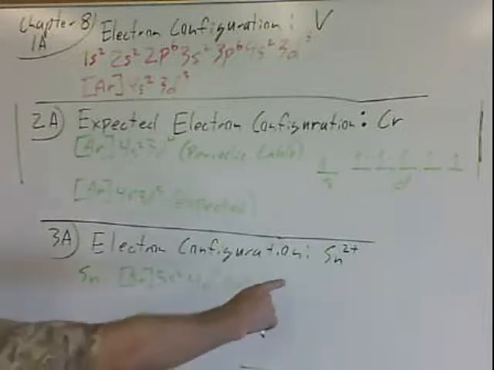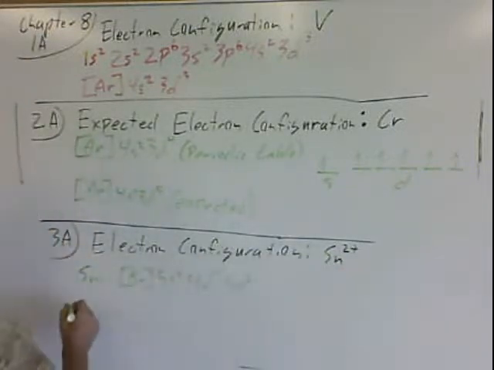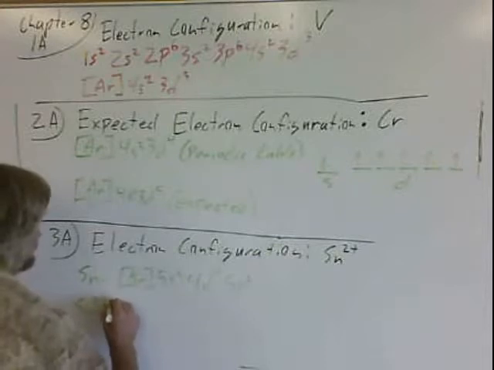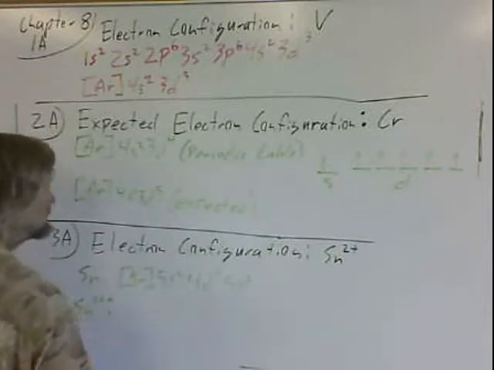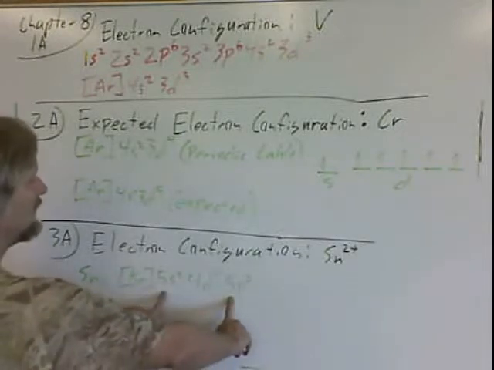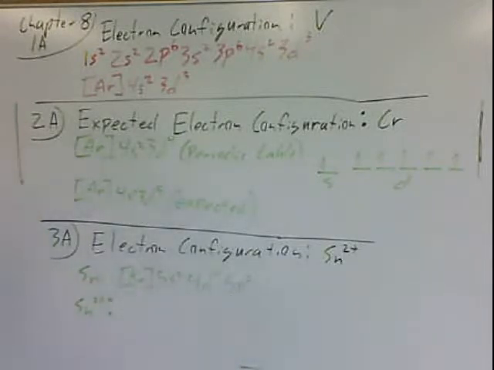So we're looking for what happens when we lose 2 electrons. So when we lose 2 electrons, what electrons are we going to lose? The first rule is that we're going to lose the highest principal energy level electrons first. So that means we're going to lose level 5 electrons before we lose the D electrons.